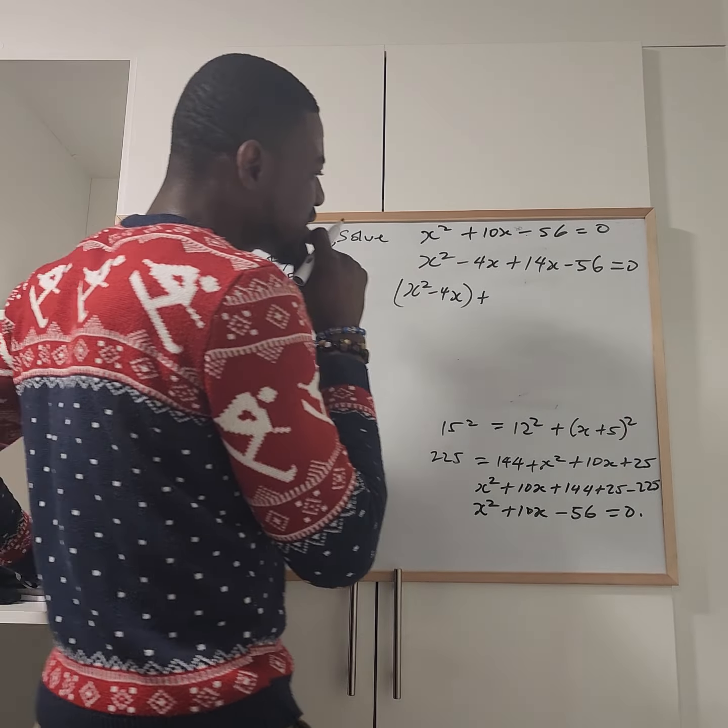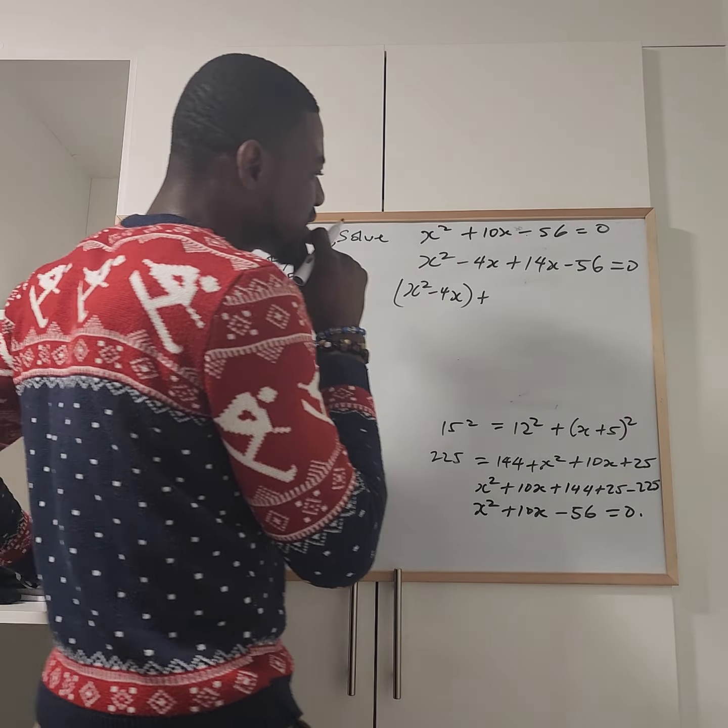So this can be written as x squared divided by x will give us x, so bring it outside. Minus 4x divided by x will give us 4. You must ensure that the two brackets have the same content. So once you have values like this in your brackets, it means that you have factorized the expression.